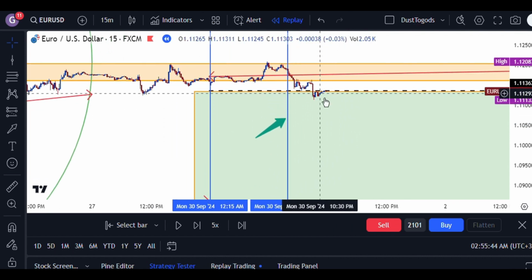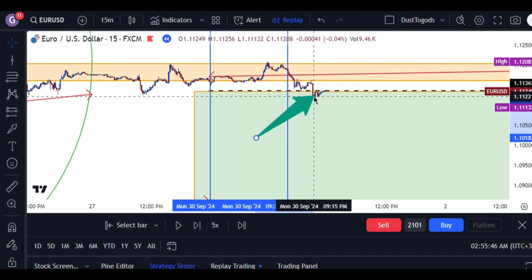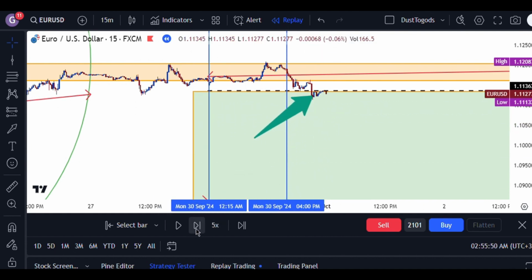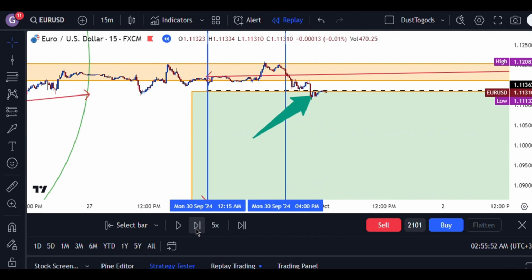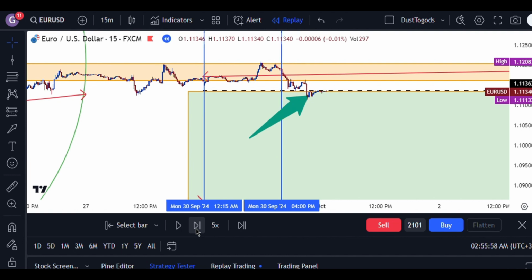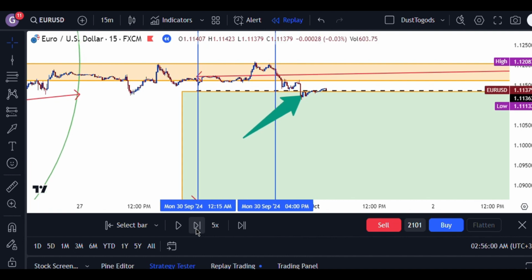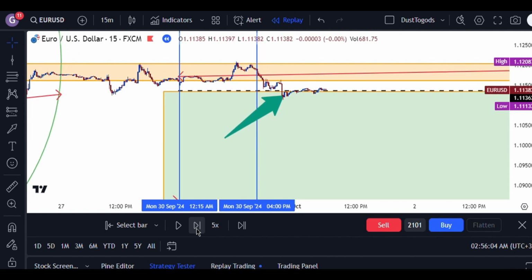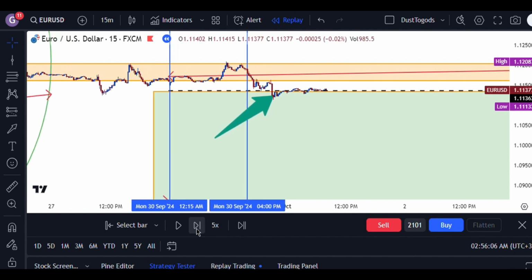I'm looking for volume so that I can enter. As you can see, when the New York session begins, the price drops, and the moment it enters my green zone, right there, we are now looking for candlestick patterns to enter this market.